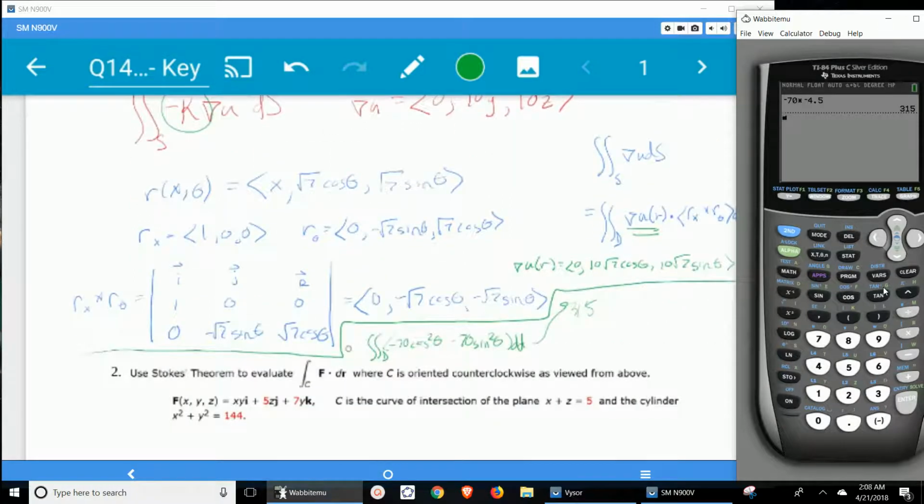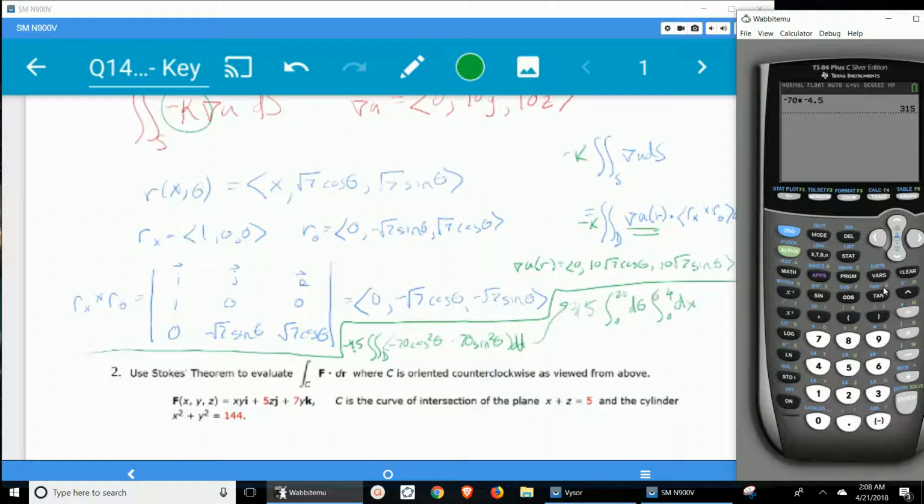So I have this negative 4.5 out here. I don't want to forget about that. So we have our negative k on that in general. Anyway, 315 brought the negative 70 out, so then it's just 0 to 2 pi d theta, and then 0 to 4 dx, because there's nothing left in there.